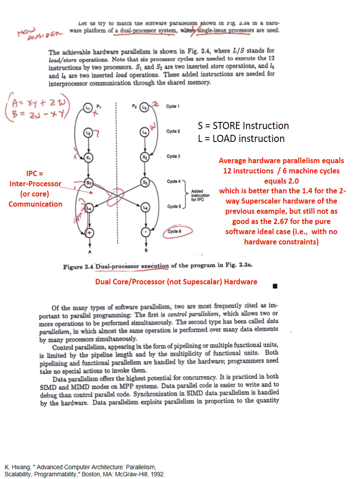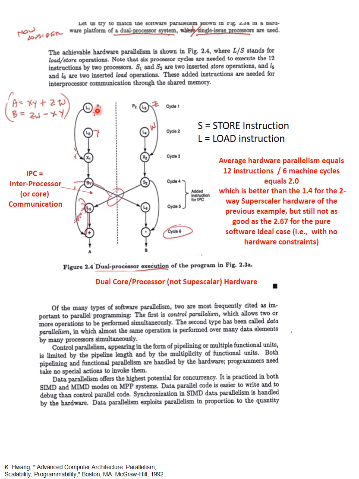And so in this example, we're constrained by not being able to do more than 2 loads or 2 stores in any operation, as stated above up here. And so, presumably each core, each processor can do a load.